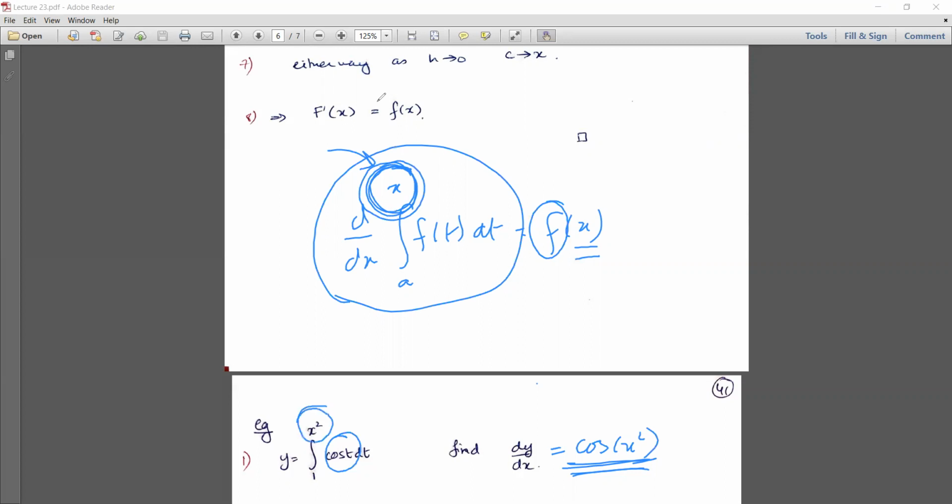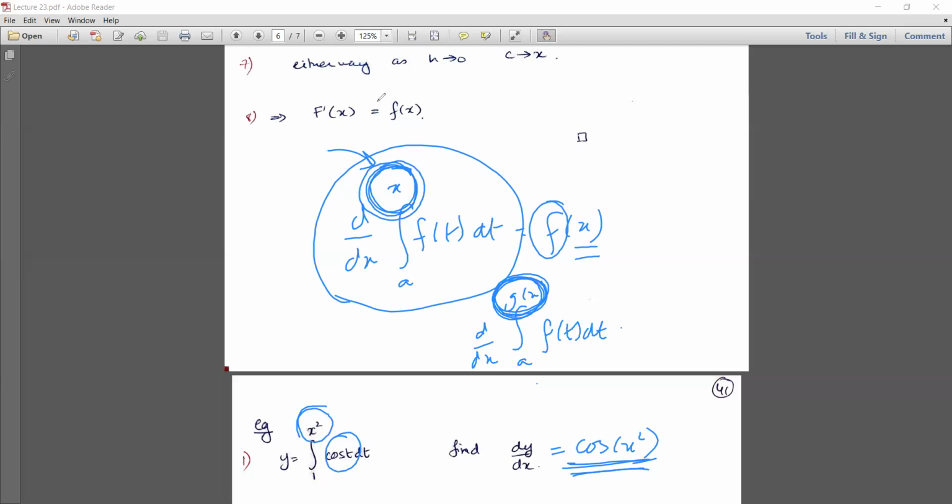Here, our upper limit is further a function of x. So it's almost like writing d by dx of the integral from a to g of x of f of t dt. We're not differentiating with respect to g, we're differentiating with respect to x, and our upper limit is a function of x.